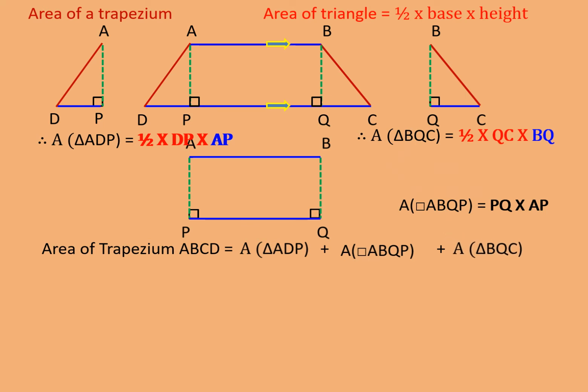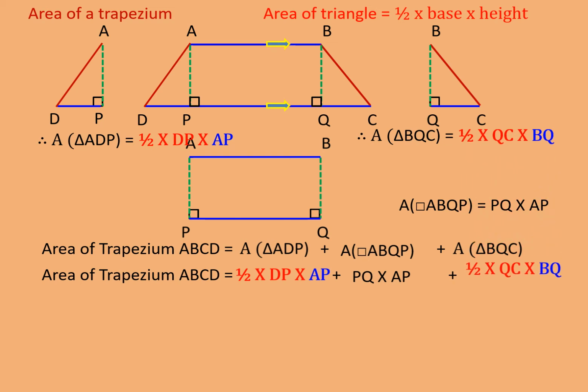Now we will substitute their right hand sides. So what will we get? Area of triangle ADP will be replaced by half into DP into AP, and area of rectangle ABQP will be replaced by PQ into AP, and area of triangle BQC will be replaced by half into QC into BQ.